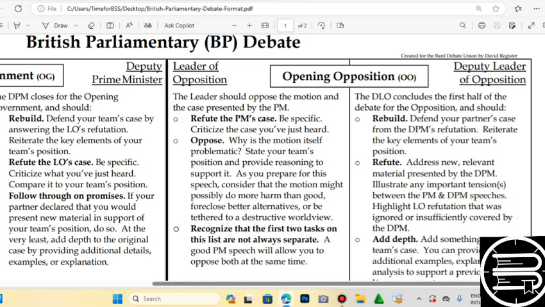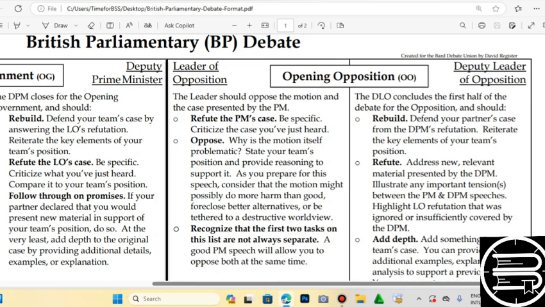Also try to foreclose better alternatives, or be tethered to a destructive worldview, whereby if the Prime Minister didn't set parameters when he was talking about the motion, you're also allowed to disrupt the worldview about some of the issues that can help your case in refuting the Prime Minister.